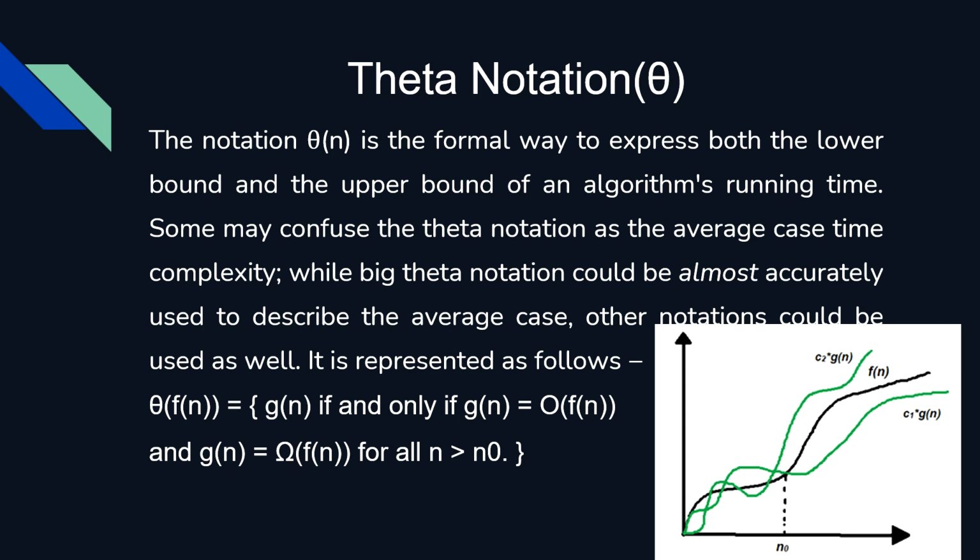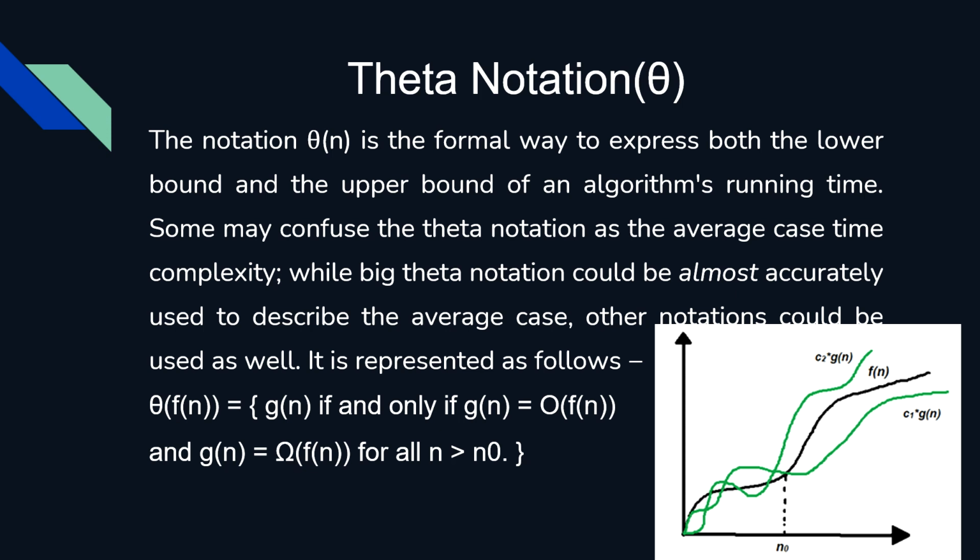Then we go to the theta notation. What is theta notation? At first, we saw that the big O notation considers the upper bound and big omega the lower bound. But the theta notation combines both the upper bound and lower bound to provide a tight bound on the growth rate of a function.